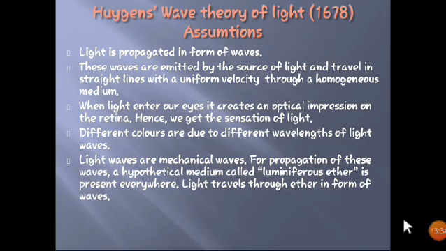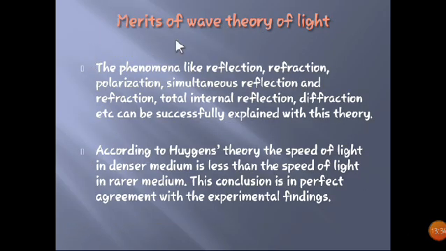So let's move towards the next slide, which tells you about merits of wave theory of light. First, the phenomena like reflection, refraction, polarization, simultaneous reflection and refraction, total internal reflection, diffraction, etc. The phenomena which are really related to light or any wave are all explained by this theory, which is proposed by Huygens.